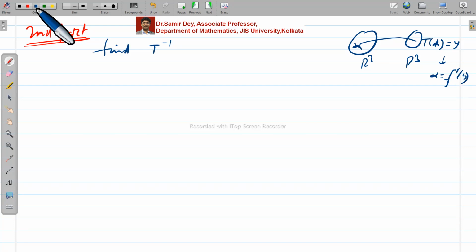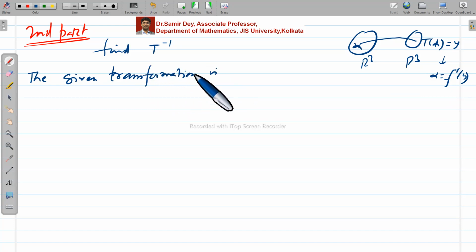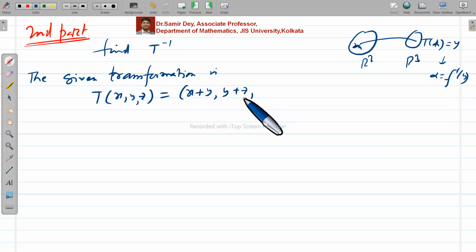Now let's see. So please write down the given transformation. The given transformation is, so already you know T of (x, y, z) is equal to (x plus y, y plus z, and z plus x).